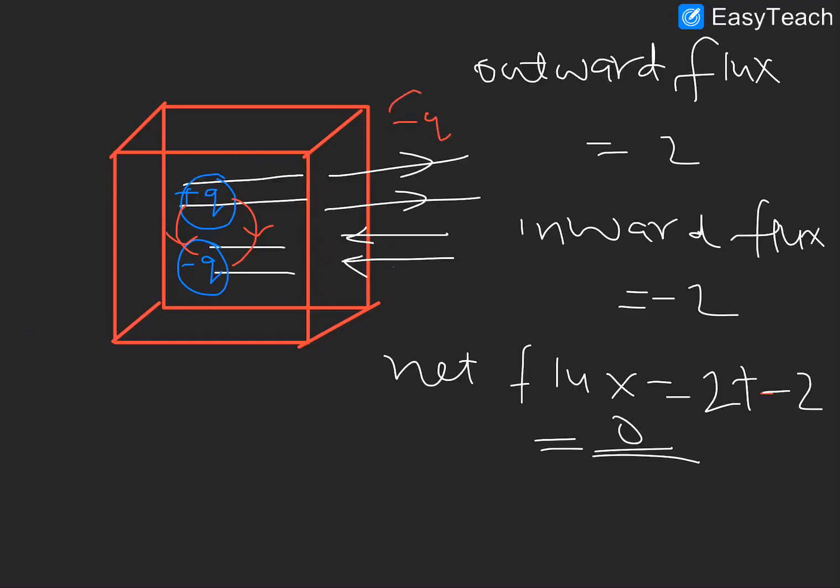Similarly, for the minus q, from the plus q there will also be flux lines coming in. So here you can see 2 are moving out and 2 are moving in. Net flux is 0.